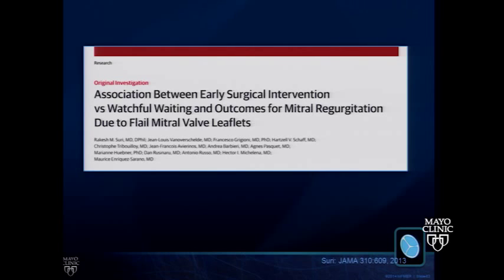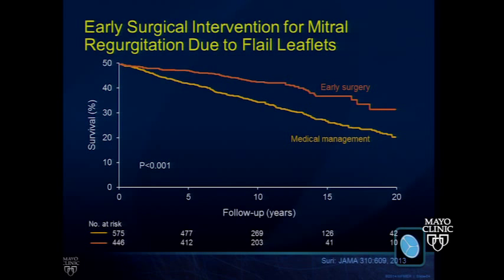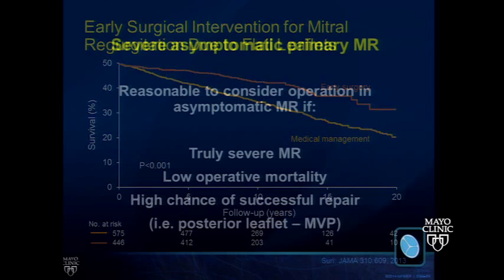This is Rakesh Suri from our institution, one of his multi-center papers that just came out last year, but it clearly shows that the survival of patients who have early surgery is better than those with medical management, as long as they have a repairable valve that can be done with a low operative risk.